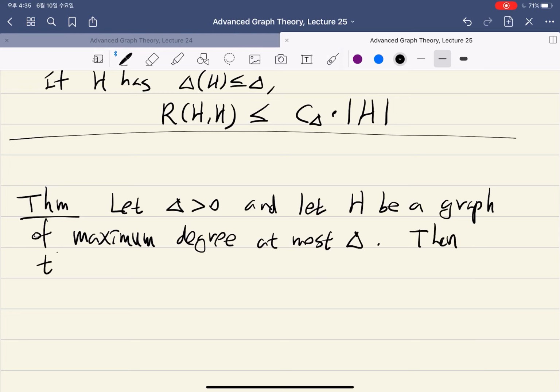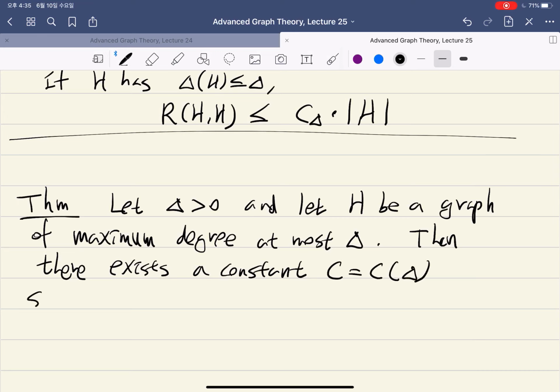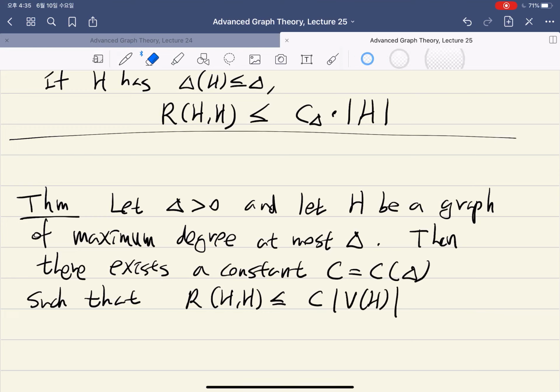Then we want to prove that there exists a constant C, which only depends on delta, such that the Ramsey number R(H, H) is at most C times the number of vertices in H.